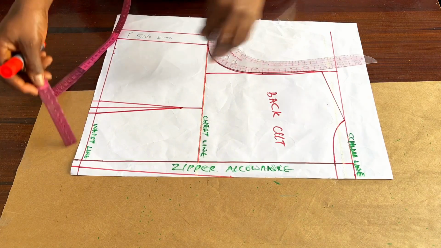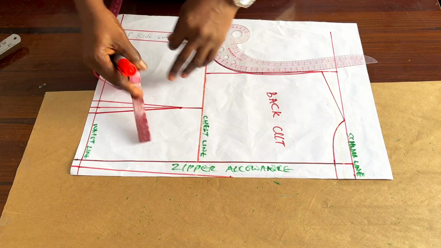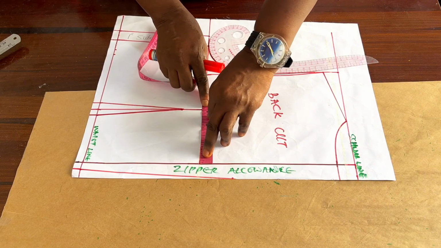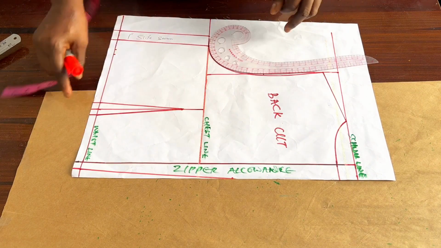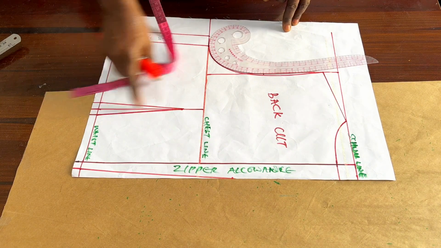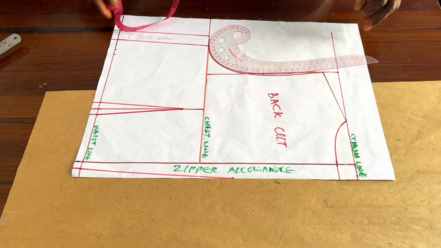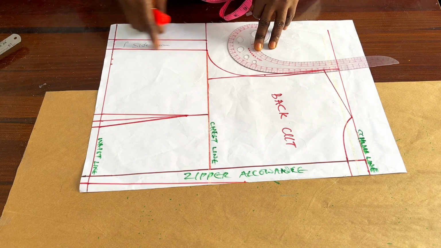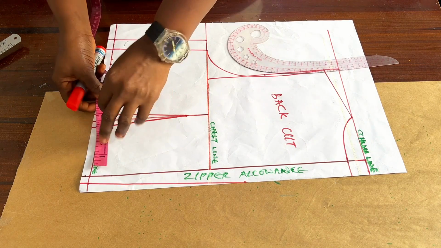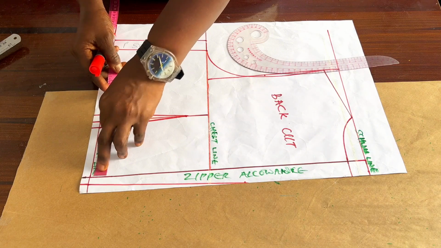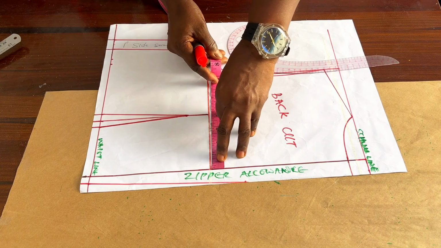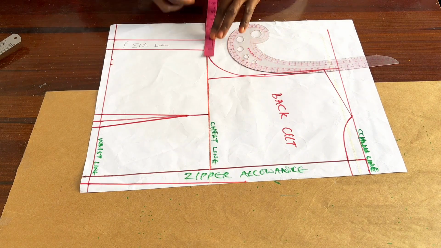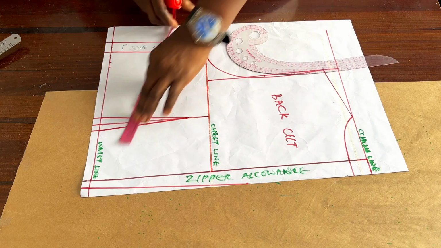So then I come here to get the bust span of 4 inch here. I connect it, and to get my waist dart, I connected it by the side. After here I get my bust chest line here of 7 3/4, then 1 inch side seam allowance.